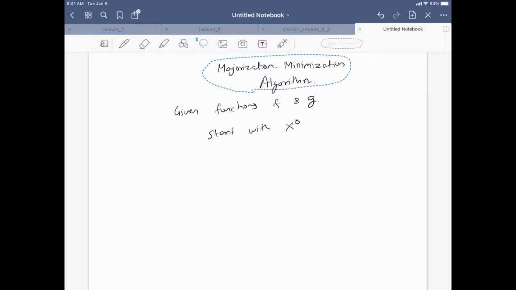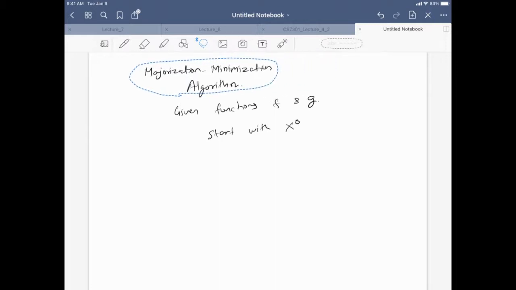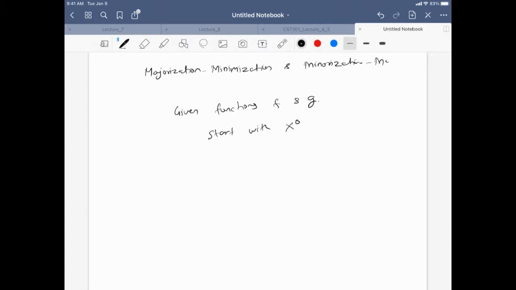So I'll call this majorization minimization and minorization maximization. Minorization maximization means you compute lower bounds and you maximize those lower bounds. Okay, so that's what this framework of algorithms is.